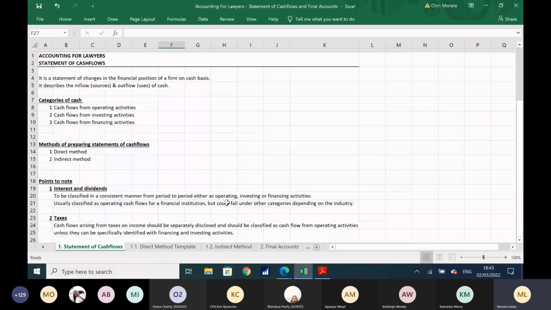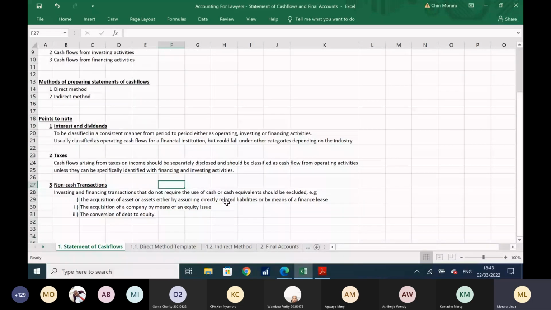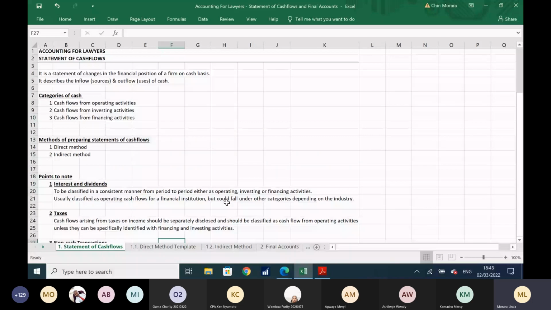So how you can prepare your statement of cash flow: you can have your direct method, you can have your indirect method. And a few things to note here is, for most businesses, first let's start with interest and dividends. For most businesses, unless you're a financial institution, so that your income is actually from interest, you would probably get your interest as an investing activity.